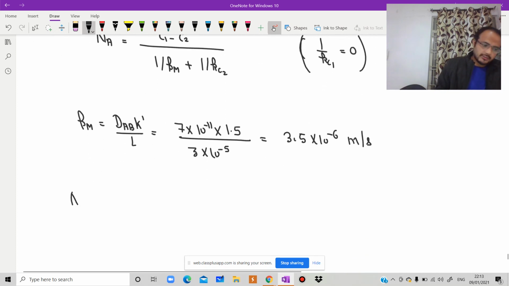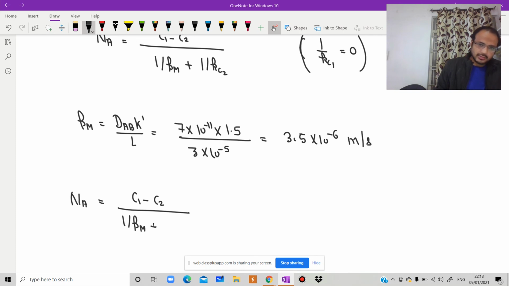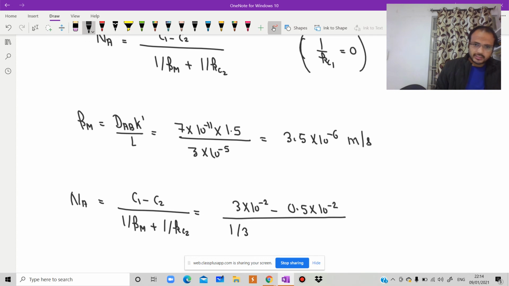Now calculate the value of Na. Na is equal to C1 minus C2 divided by 1 by Pm plus 1 by Kc2, that is 3 into 10 to the power minus 2 minus 0.5 into 10 to the power minus 2, divided by 1 divided by 3.5 into 10 to the power minus 6 plus 1 divided by 2.02 into 10 to the power minus 5.